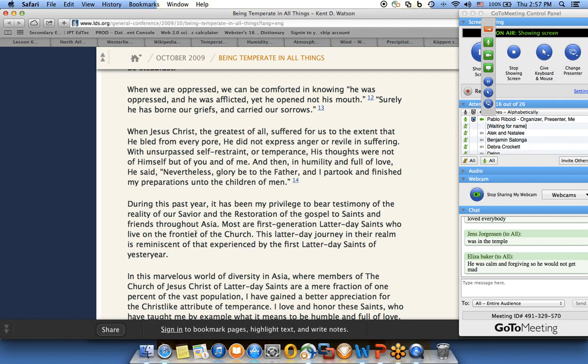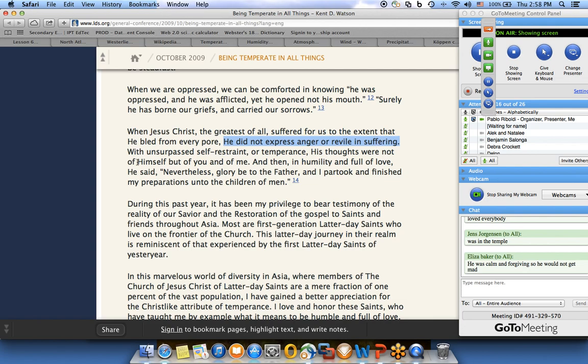Yeah. So see this part here in the talk. It says, when Jesus Christ, the greatest of all, suffered for us to the extent that he bled from every pore, he did not express anger or revile in suffering.